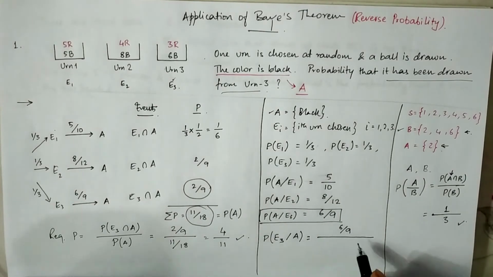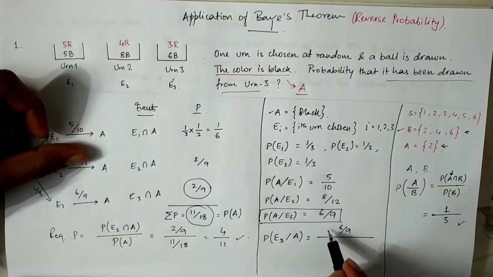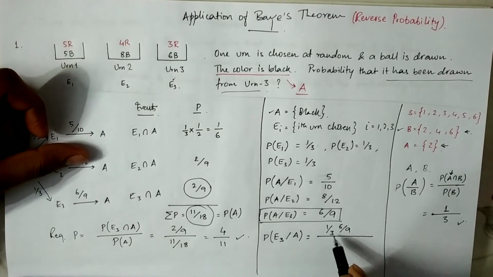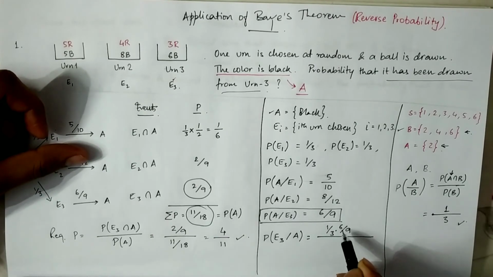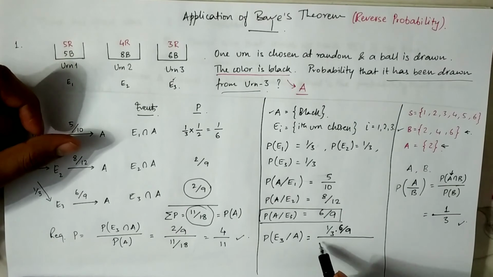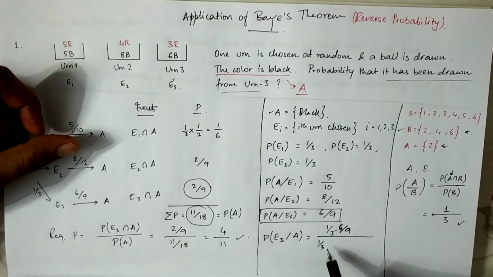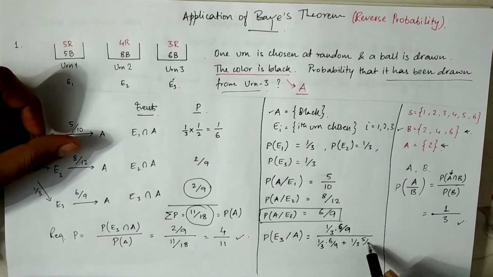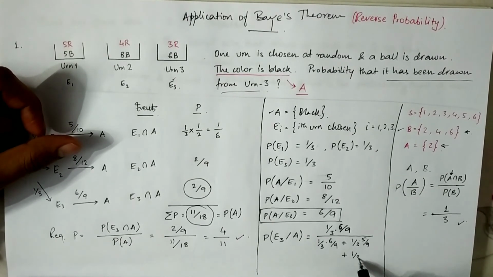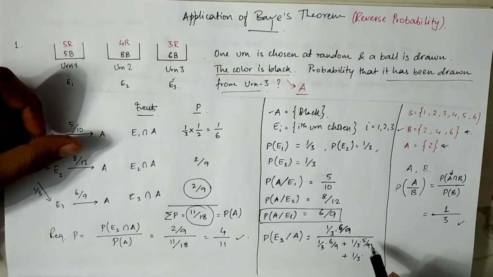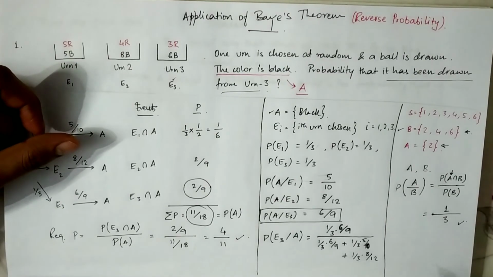so this is going to be that firstly the third urn is being chosen, which is given by 1/3, followed by the probability of drawing a black ball out of the third urn. It is 6 upon 9, divided by 1/3 of 6 by 9 plus 1/3 of 5 by 10 plus 1/3 of 8 upon 12.